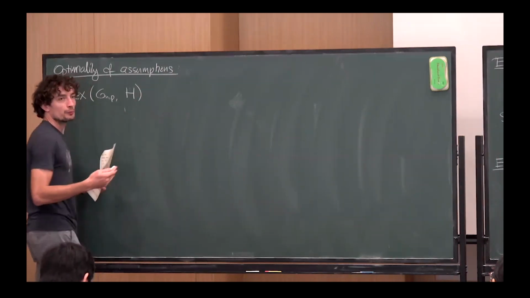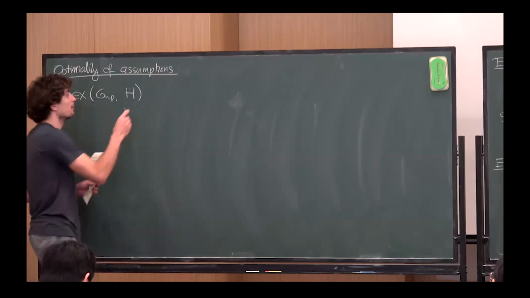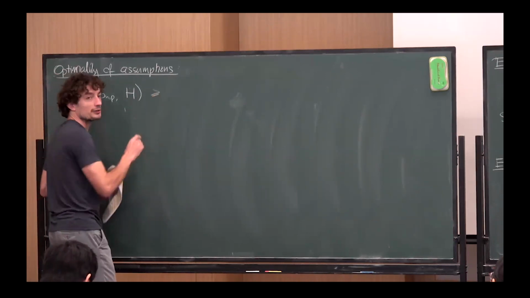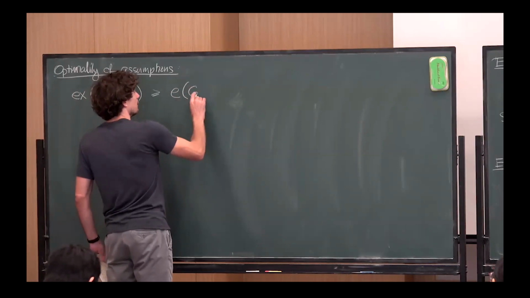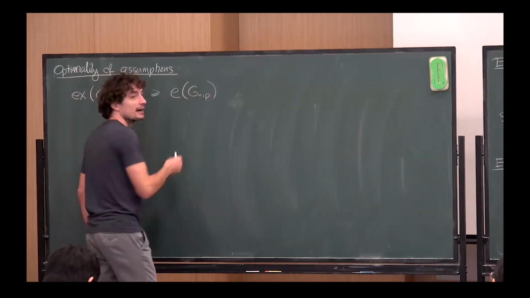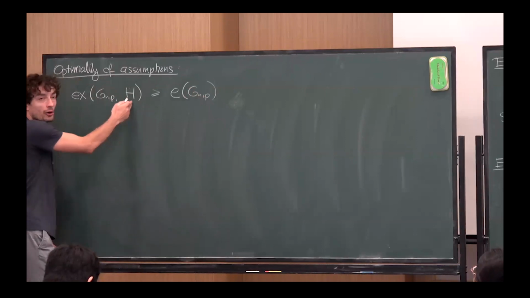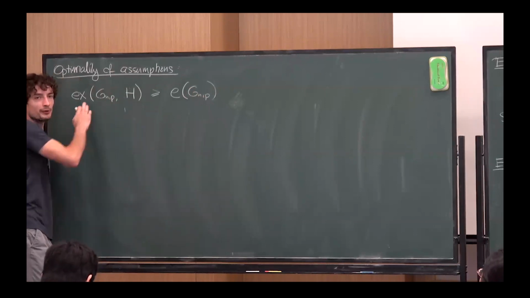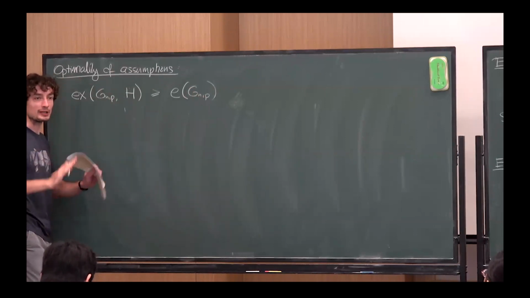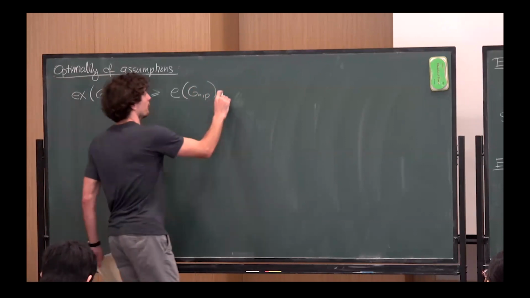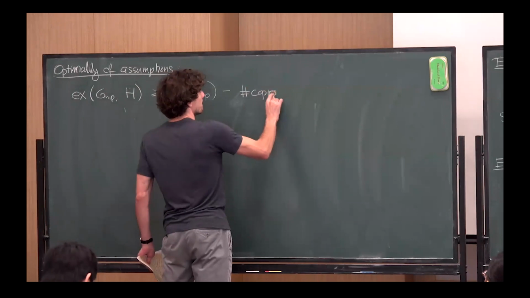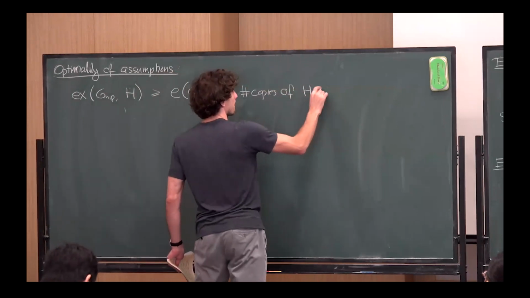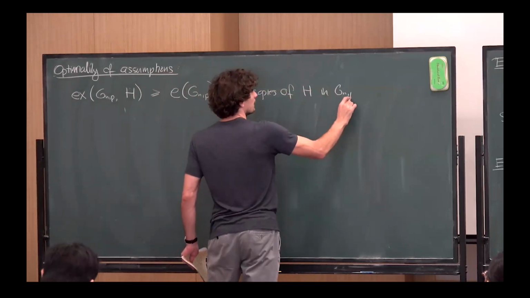And we want to prove that this is optimal. But we could also argue as follows, in this more silly way, that we keep all the edges. However, from every copy of H that we see in G(n,p), we remove arbitrarily 1 edge without keeping any structure. So minus the number of copies of H in G(n,p).